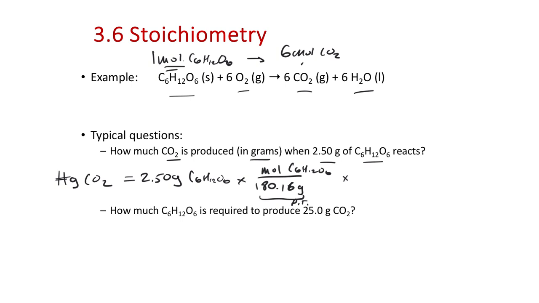But I need to convert to that because that's the conversion I need to be able to use the ratio: for every 1 mole of glucose, it converts to 6 moles of CO2.